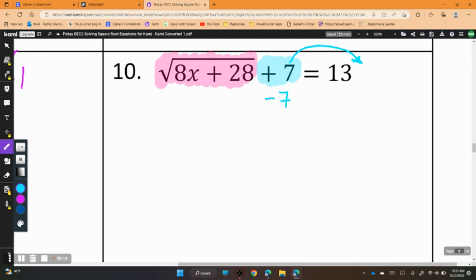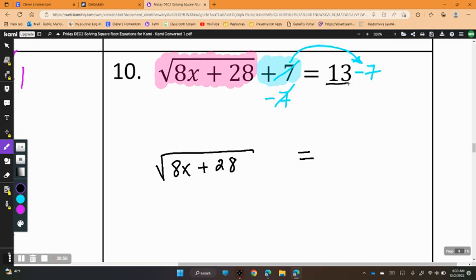I can subtract 7 from both sides. These two 7s will cancel each other out, and I'm going to be left with 8x plus 28. Bring down my equal sign, and then 13 minus 7 is, what's 13 minus 7? 6.